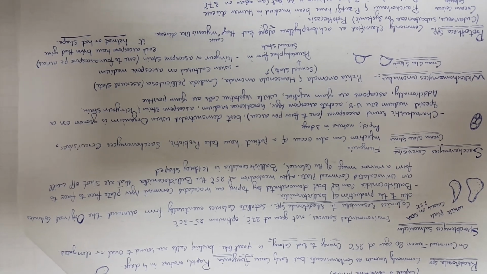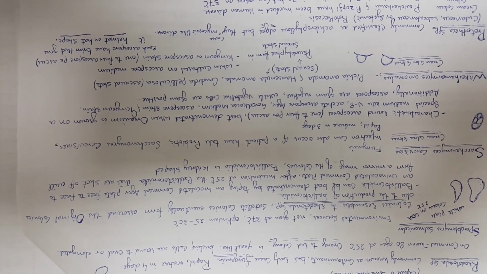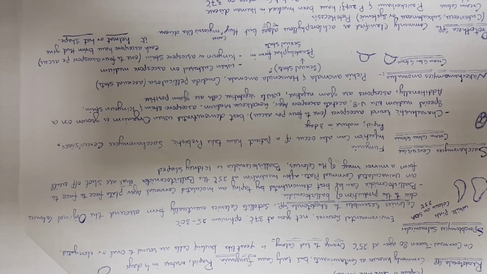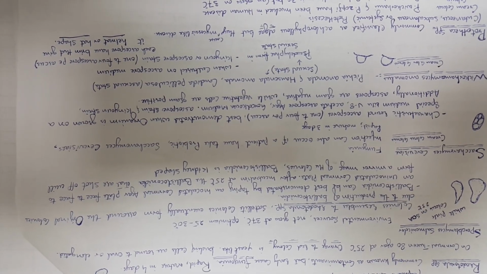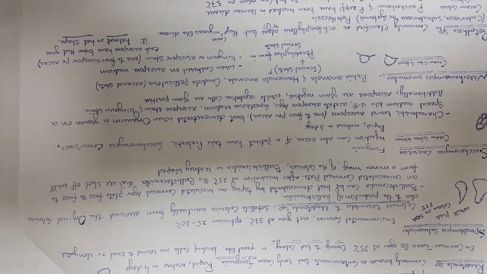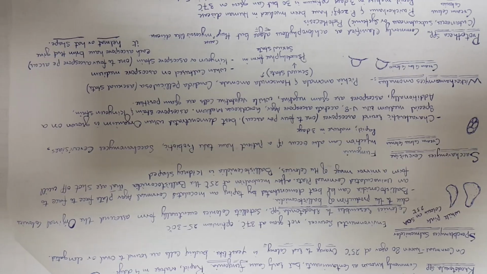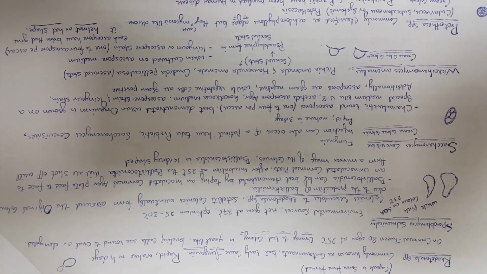Blastoconidia can be best demonstrated by taping an inoculated cornmeal agar plate face to an uninoculated cornmeal plate. After incubation at 25 degrees centigrade, the blastoconidia that are shot off will form a mirror image of the colonies, and the blastoconidia are kidney shaped, as shown in the picture.